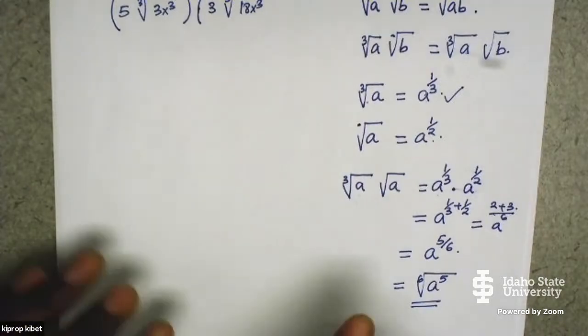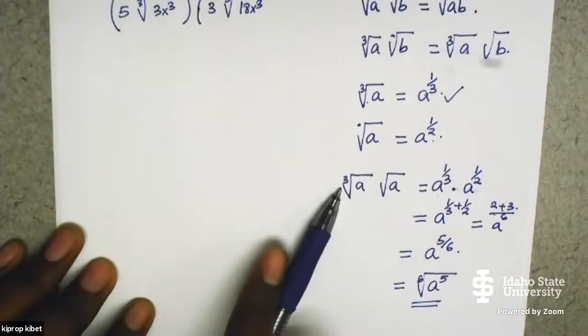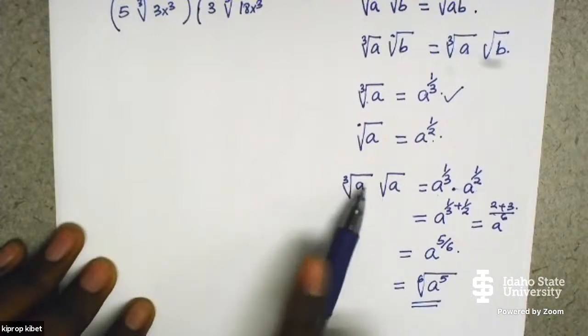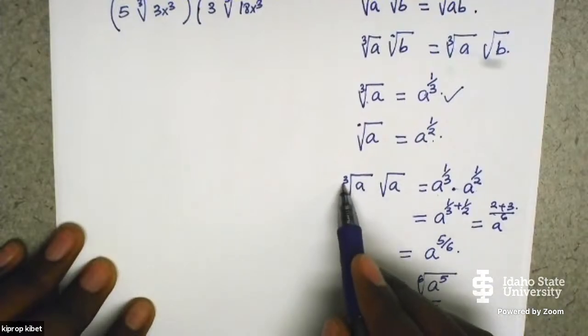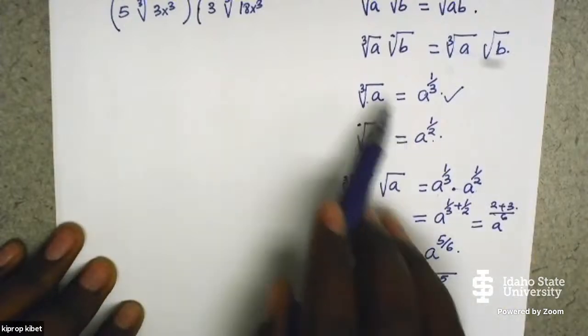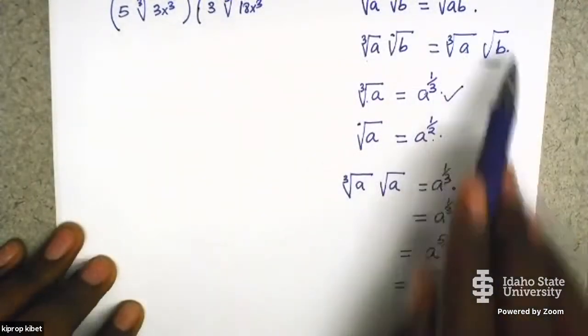So here, it is not the same as multiplying this and this, I mean, the root of that and that. So basically, this will still remain the same as that one.